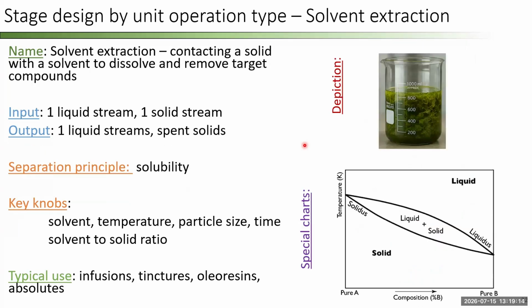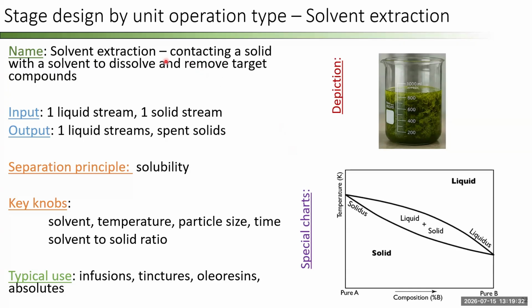All right, now we're going to talk about the other major workhorse of this process of extracting essential oils and other natural products, and that's solvent extraction. In this case, solvent-based extractions.